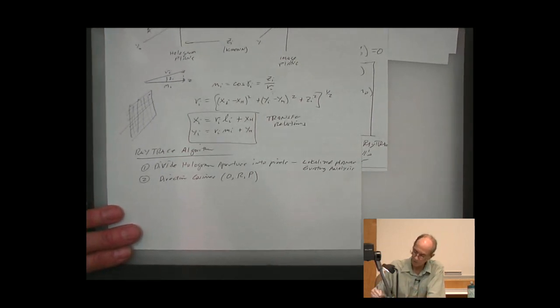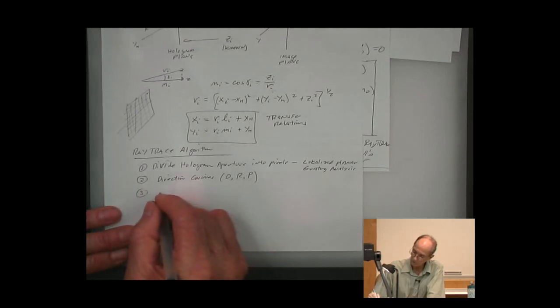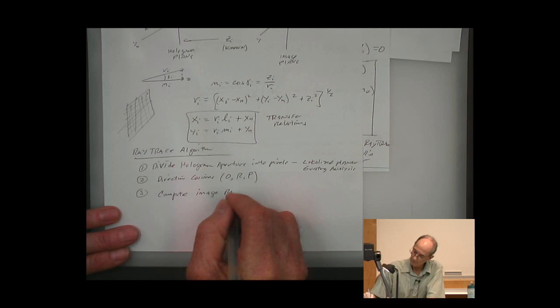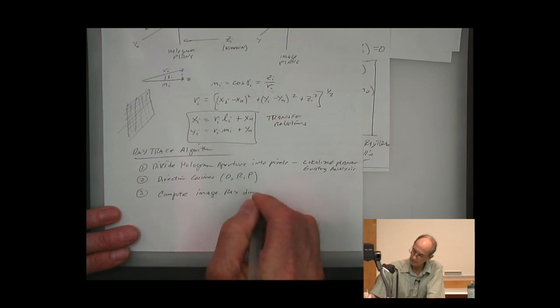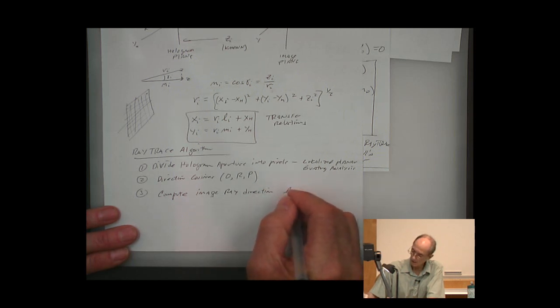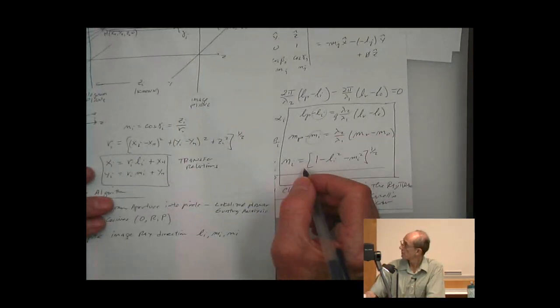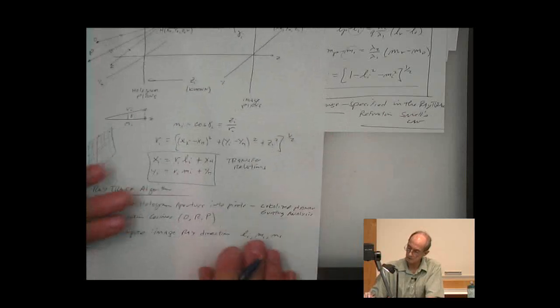And then the next step is you calculate the new direction for the image ray direction, compute the image ray direction, which is the Li, Mi, Ni, using, again, this set of relationships that we just calculated.